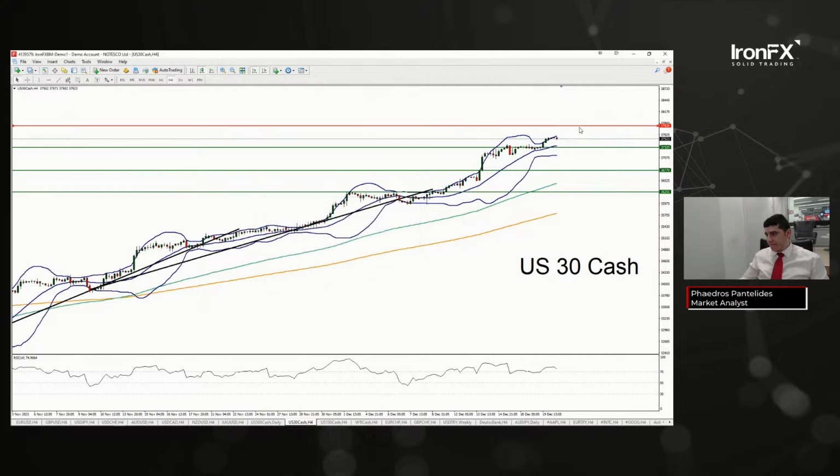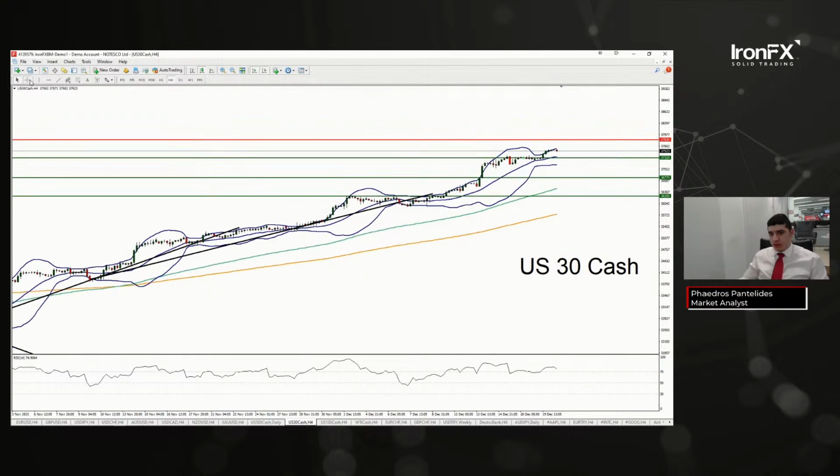And then distance between, so 526 again. 38,350.